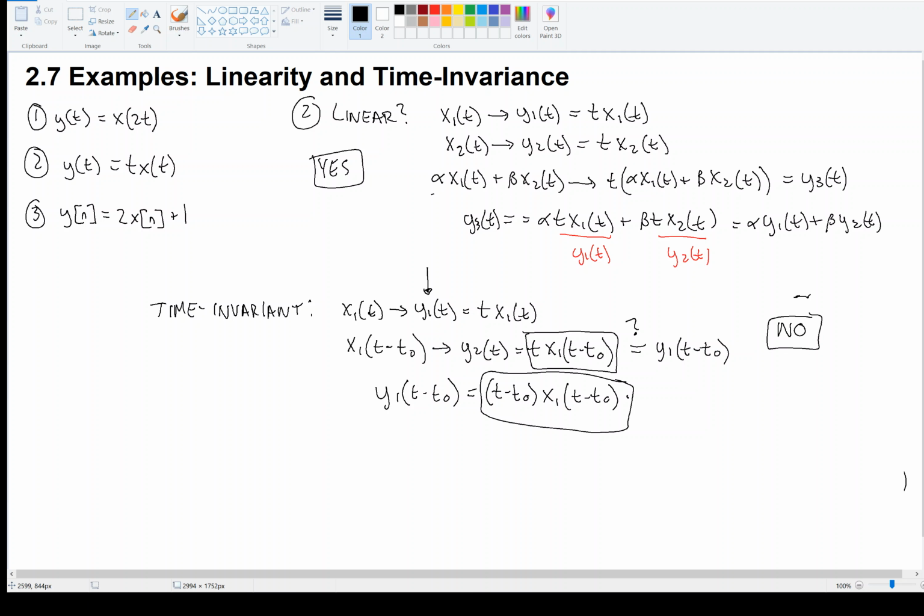So no, this is not time invariant. It's time varying. And working on our intuition, we can say that it's time varying.